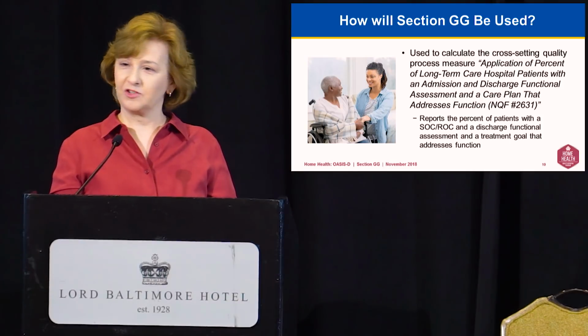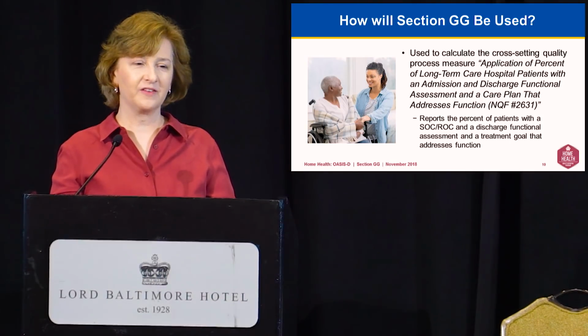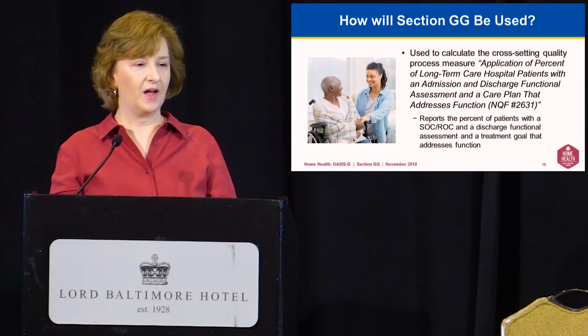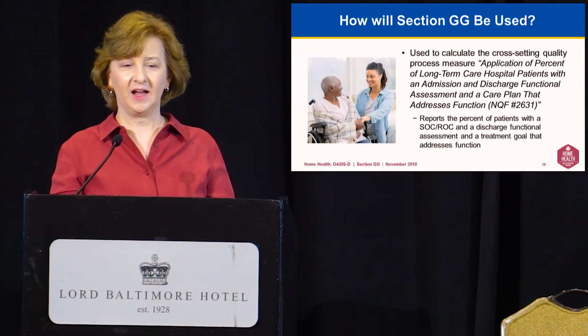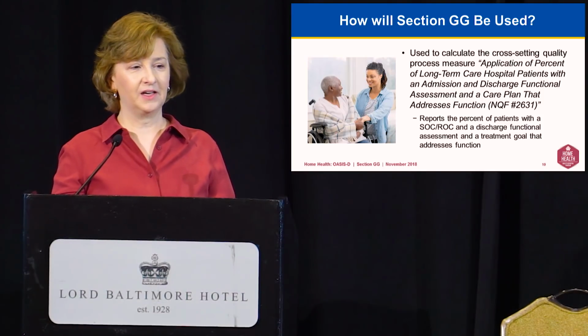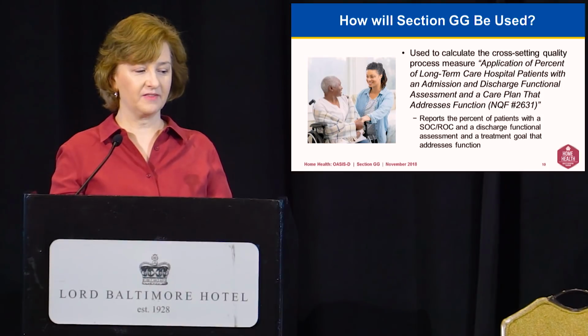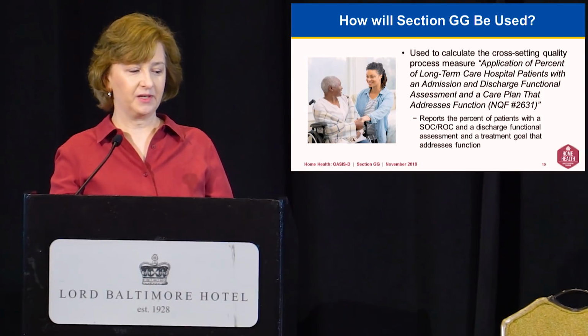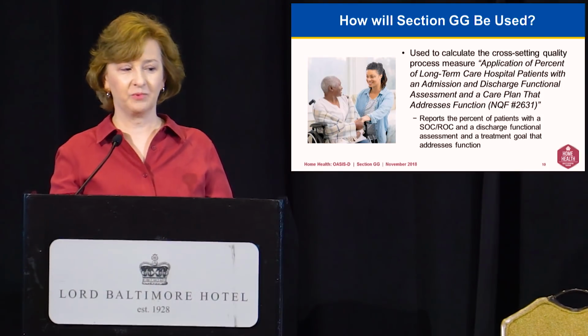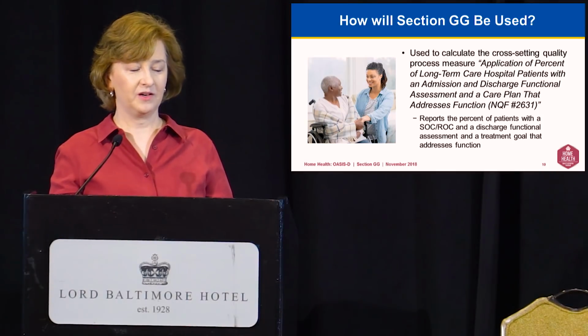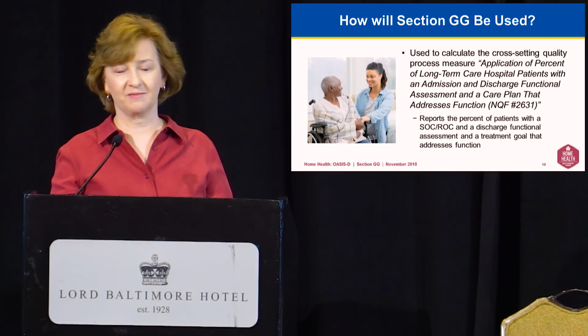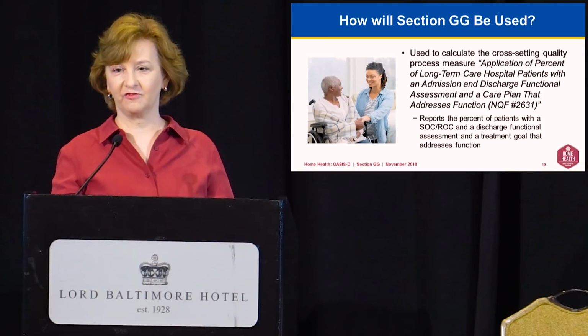So one question we've heard is, how will this data be used? Some of the Section GG data elements are used to calculate the cross-setting quality process measure, called application of the percent of long-term care hospital patients with an admission and discharge functional assessment and a care plan that includes function.